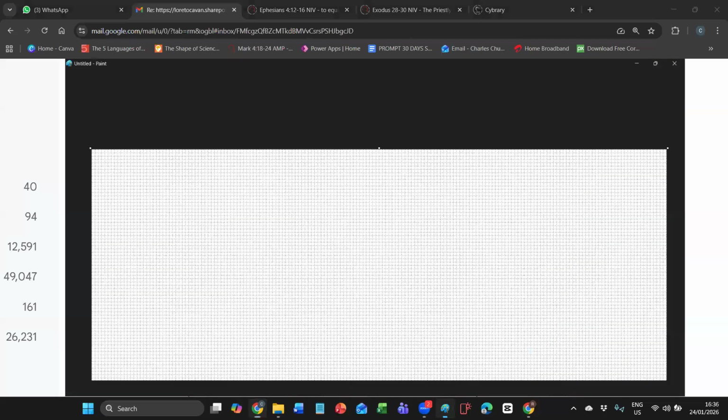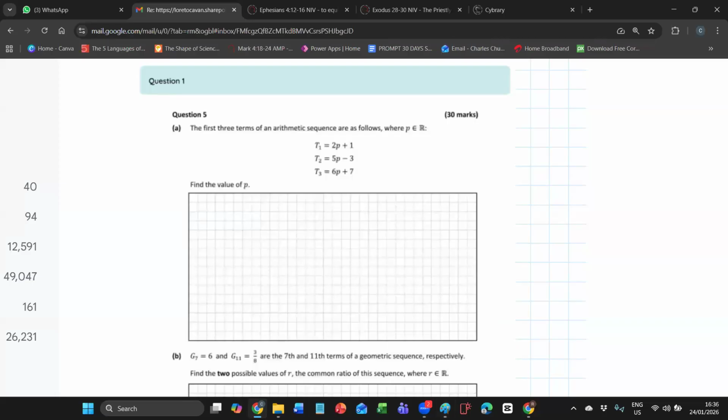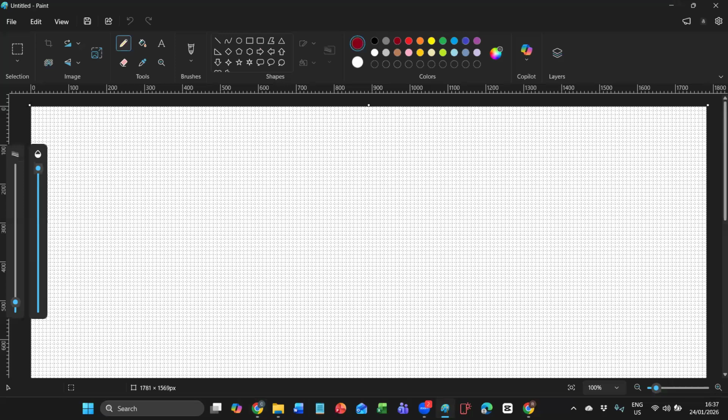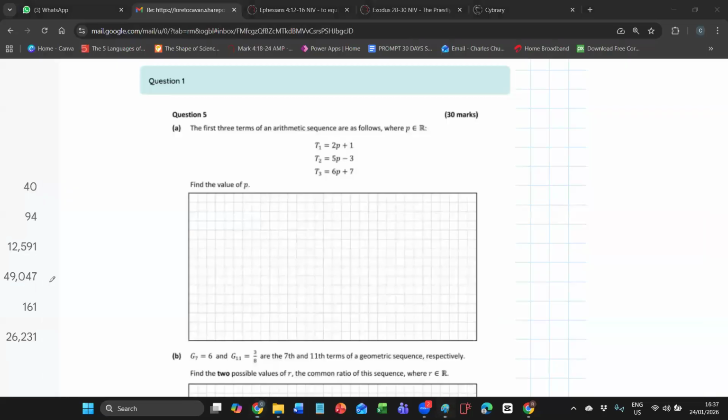And that is that T2 minus T1, which is the common difference, should be equal to T3 minus T2. That's the basis on which we will solve this question.